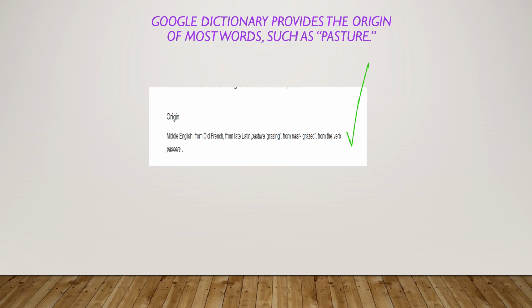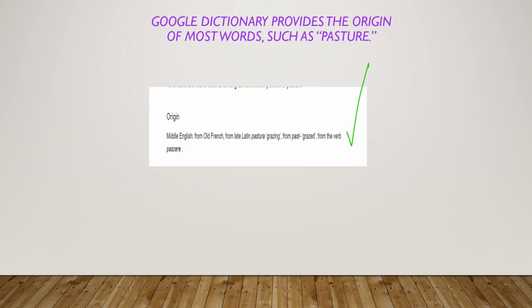Slide 15 shows that Google Dictionary provides the basic history of words in the section Origin. You need to scroll all the way down almost to the end of the definition. It's below the definition actually to find the origin of a word.